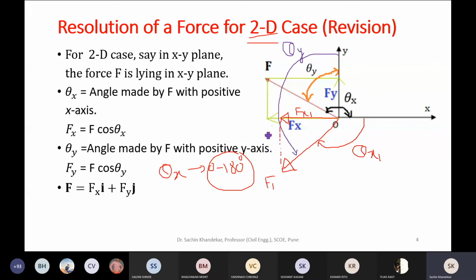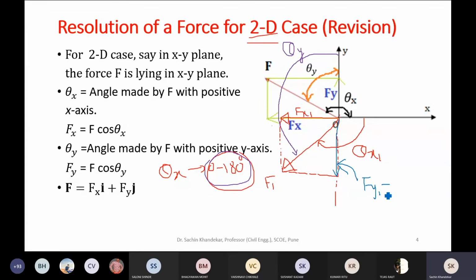As I told you, the value of theta we always express in the range 0 to 180 degree. Hence, if I take the projection of this F1 onto the y-axis, of course it will be on the negative side. So this is the projected length.